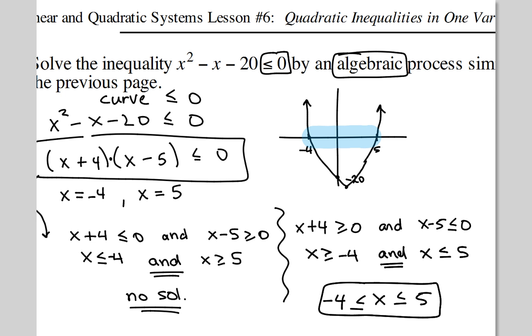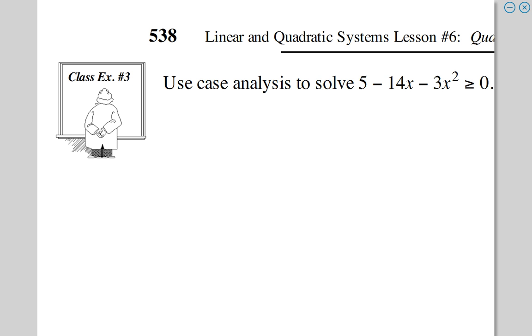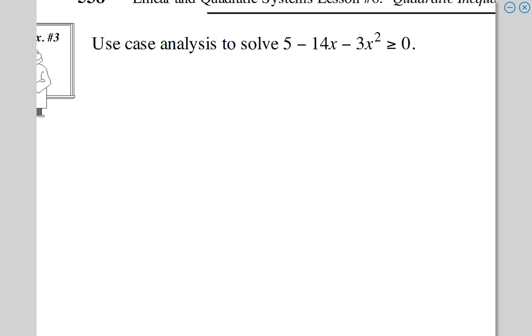Okay, let's jump into the next one. It's the last class example. Use case analysis. So highlight case analysis. I personally just can't handle when that negative is there on the lead, so I'm going to take it out.